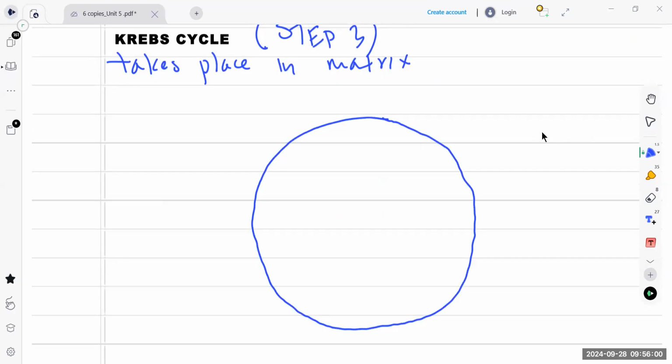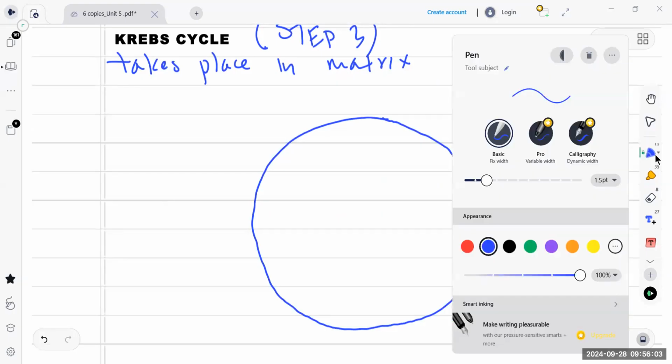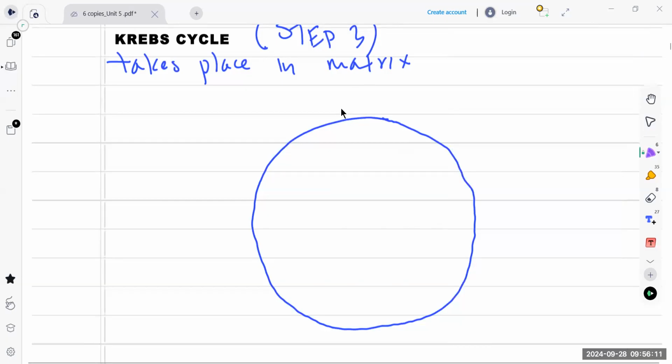Again, the Krebs cycle has many steps, but you don't need to remember all the steps like this, just get an idea.